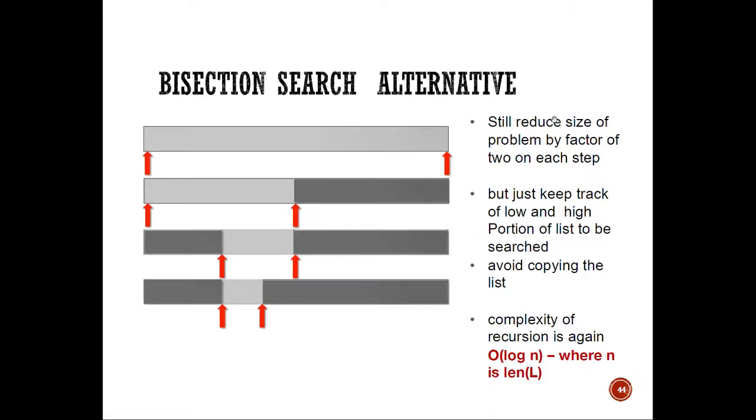So we still reduce the size of the problem by a factor of 2 on each step, but we need to keep track of the low and high portion of the list to be searched and avoid copying the list. So this is another alternative for the bisection search algorithm. And in this case, again, the order would be log n.